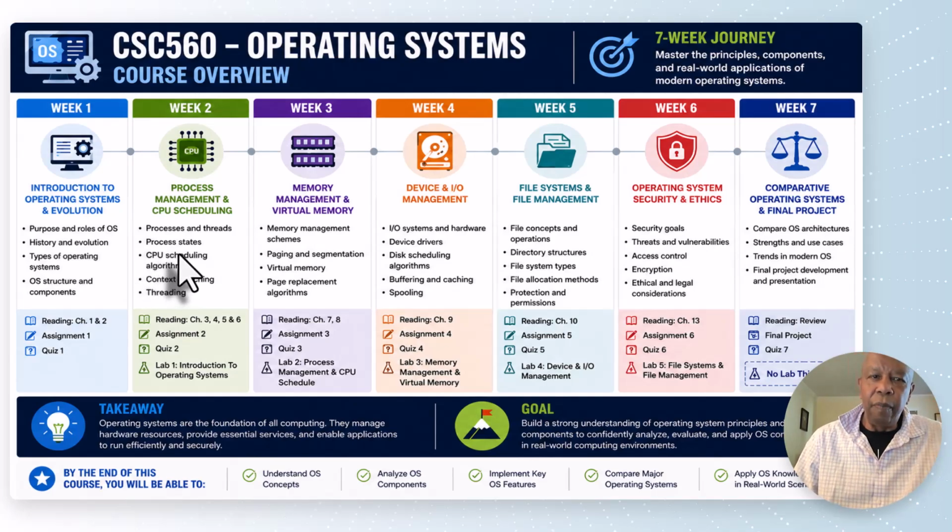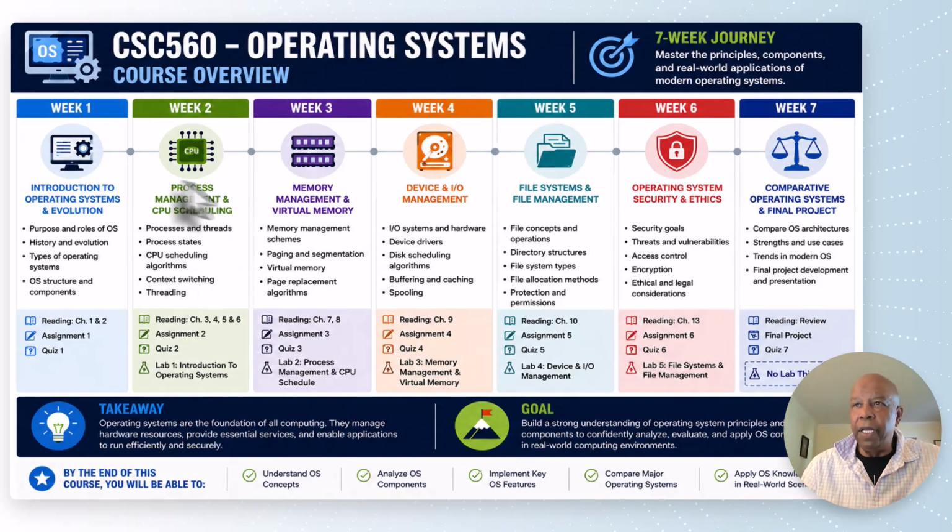Week two, what we have is process management and CPU scheduling: processes and threads, process states, CPU scheduling algorithms, context switching, and threading. Now, don't get bent out of shape. It says, I have no idea what you're talking about, Professor Stedman.